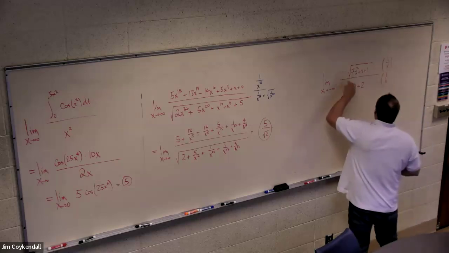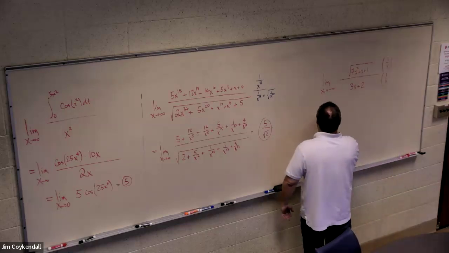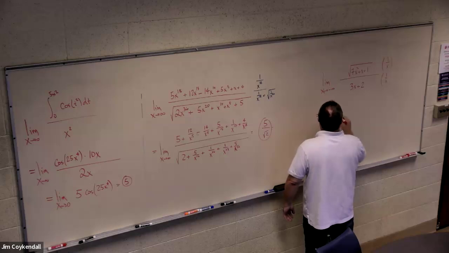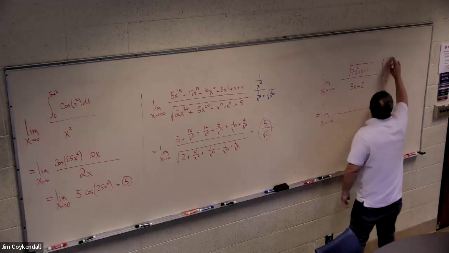I'm going to multiply top and bottom by 1 over x, just like I did before. Now on the bottom, it's easy enough.